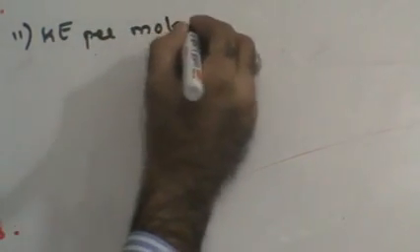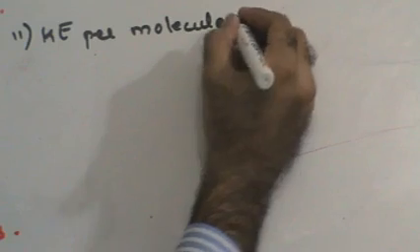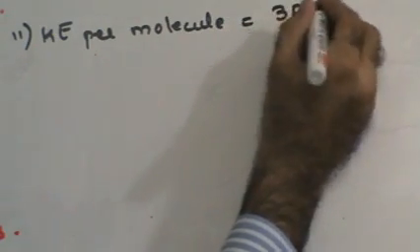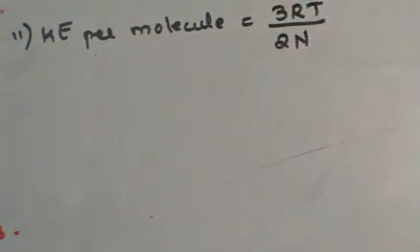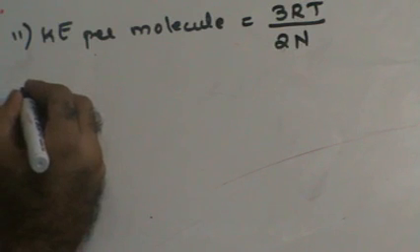Since we found out kinetic energy per mole, we can find out per molecule very easily. Kinetic energy per molecule is 3RT upon 2N, where N stands for Avogadro's number. Next thing they've asked me to find out is kinetic energy per gram.